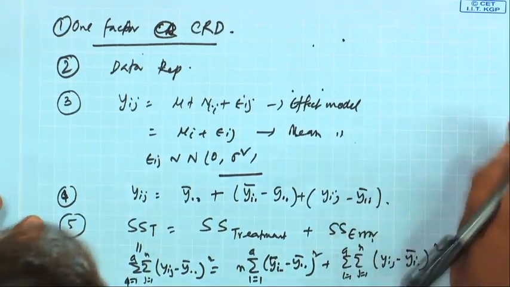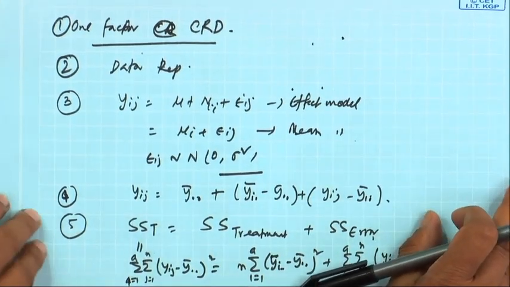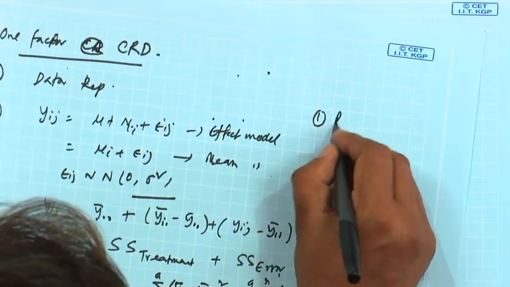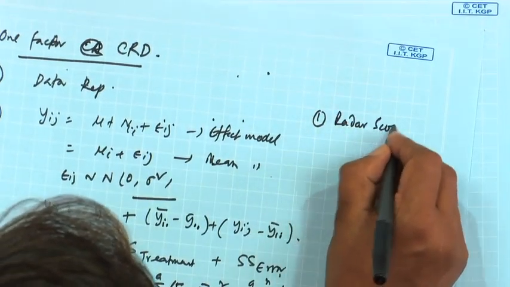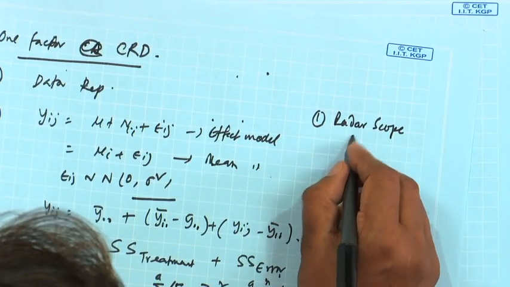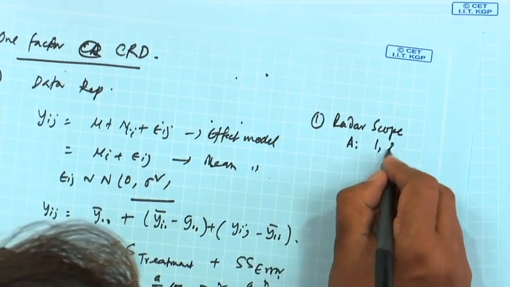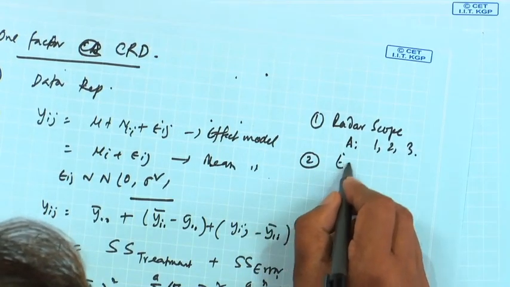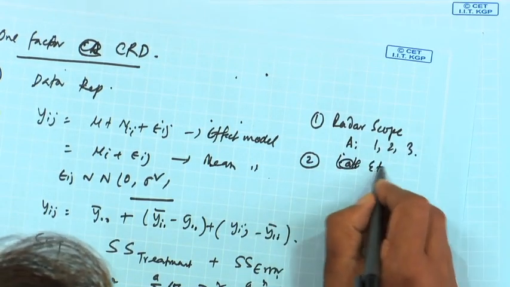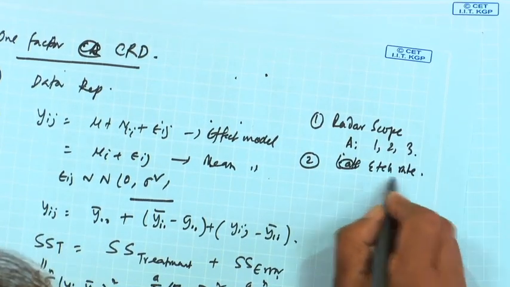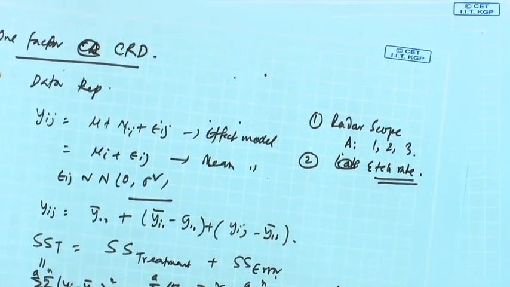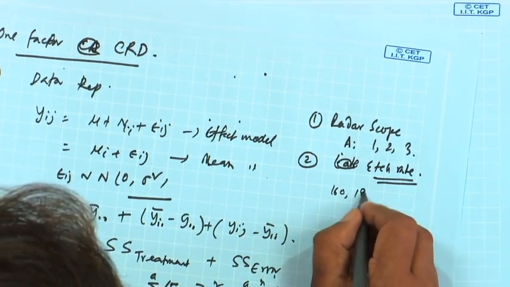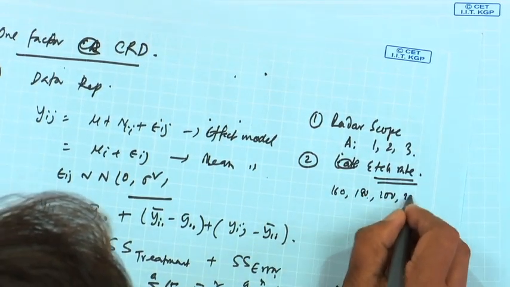Okay, and then I have given you two examples. One is the radar scope example, where the factor has 3 levels, and another one is the etch rate example, where some power is used: 160, 180, 200 and 220.